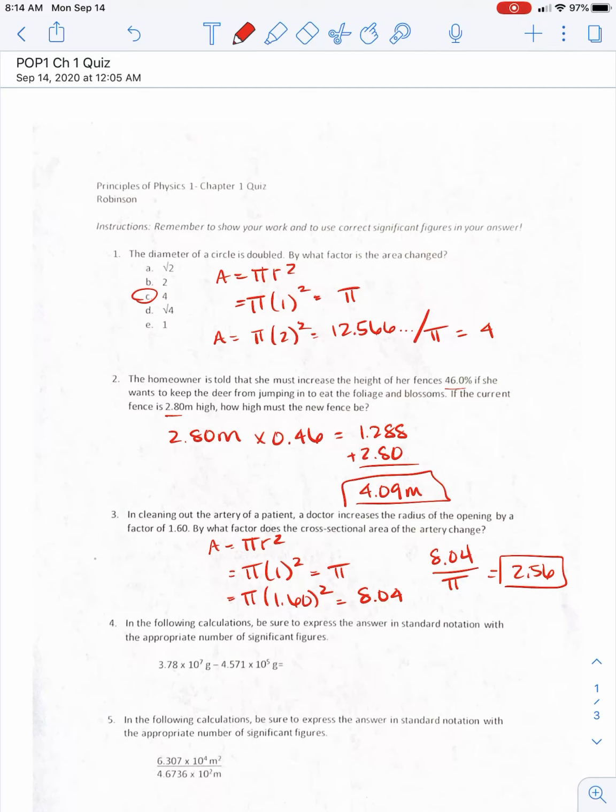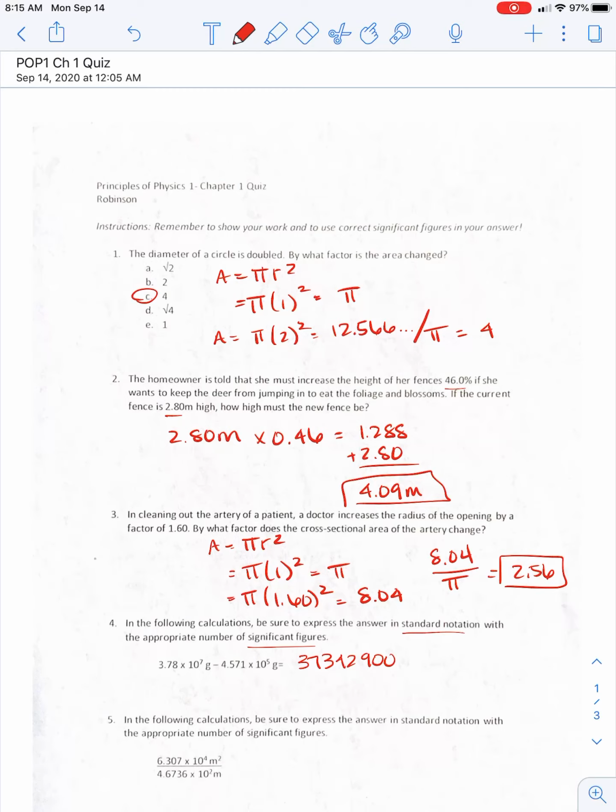Okay, the next one. This one says, in the following calculations, be sure to express the answer in standard notation. So it wants you to have the correct standard notation, and it also wants the correct significant figures. We've got 3.78 to the 7th minus 4.571 to the 5th, which gives you a really long number, like 373,429,00 on my calculator anyway.